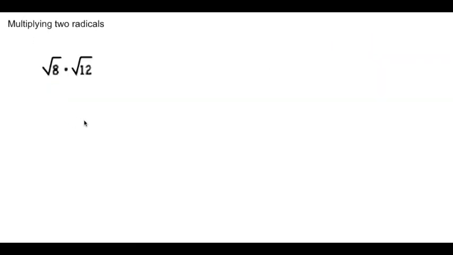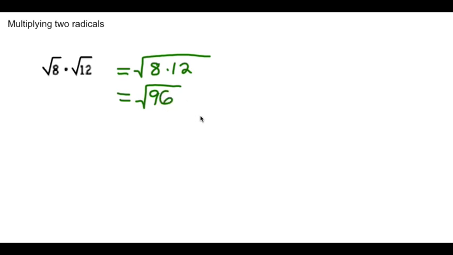Now you can also multiply radicals as well by combining everything underneath the square root sign. So in this case I have the square root of 8 times the square root of 12. So the first thing I'm going to do is go ahead and combine those values. So now I have 8 times 12 underneath the square root value, and that gets me the square root of 96.